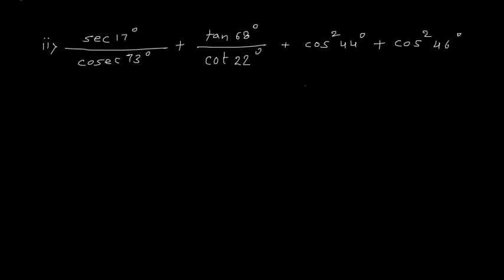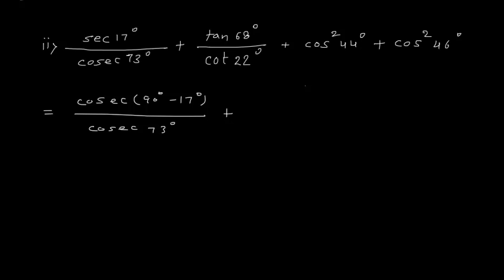Sec 17 and this is cosec 73. So sec can be converted in cosec, so the numerator will become cosec 90 degree minus 17 degree. The denominator is cosec 73 degree plus this tan 68 degree.